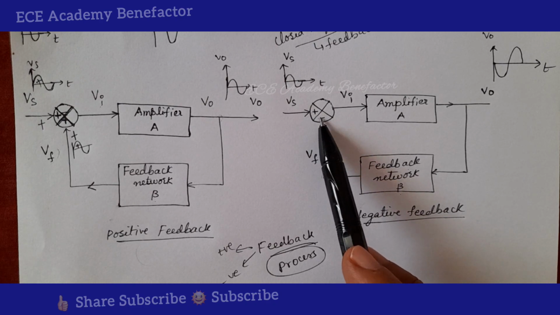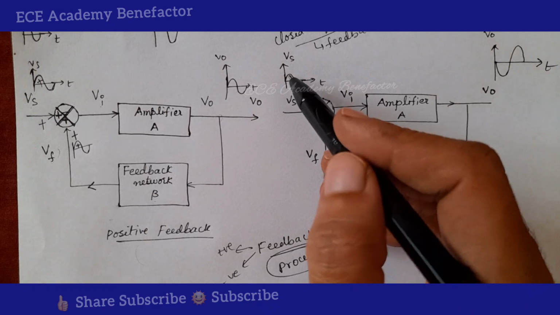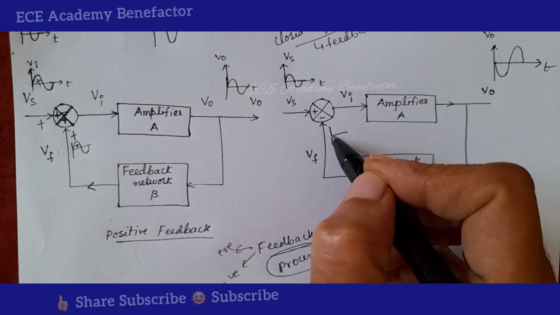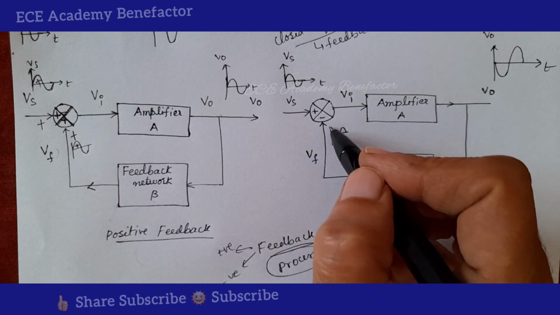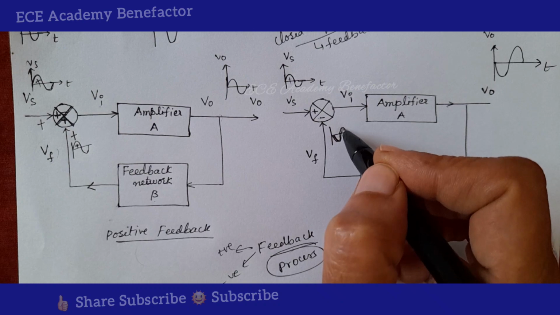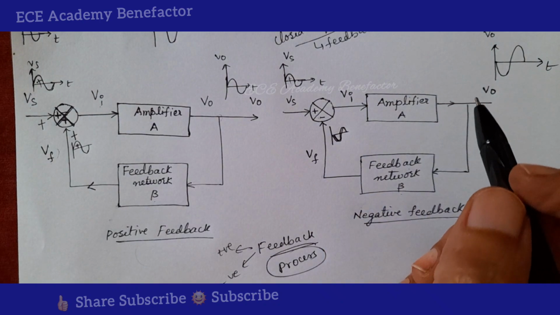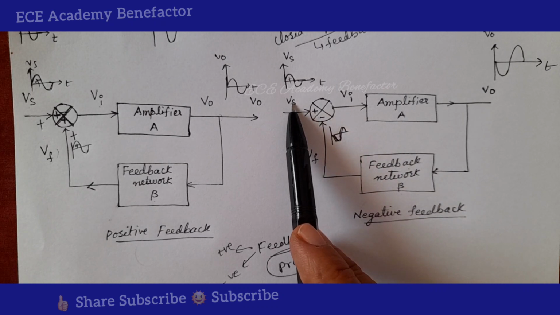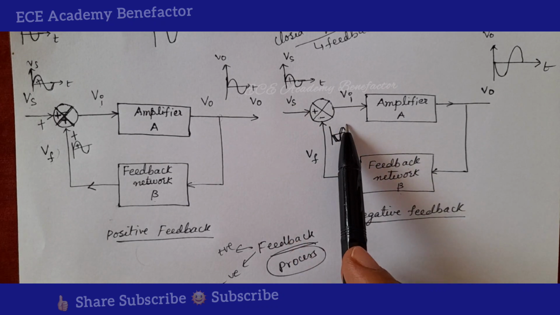Both are of opposite polarity. Suppose Vs is positive, then Vf will be negative. So for the positive half cycle, you get the minus of Vf. When the feedback signal is out of phase with the input signal, we say it is negative feedback.